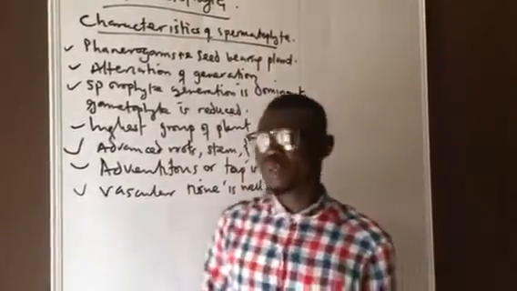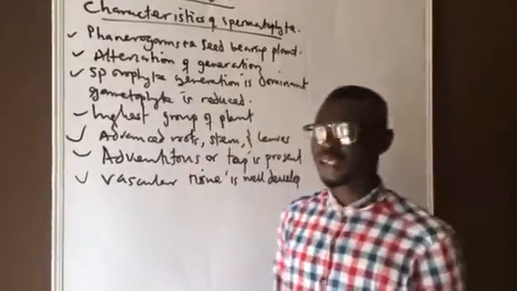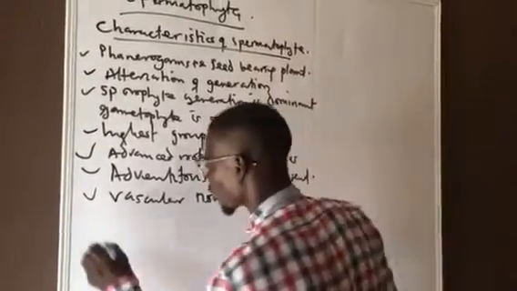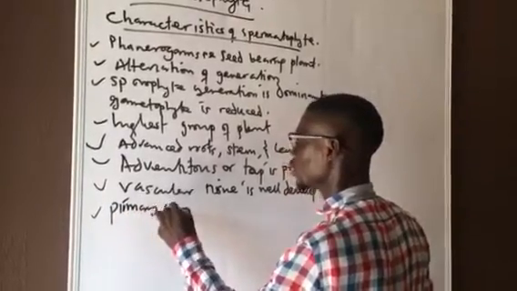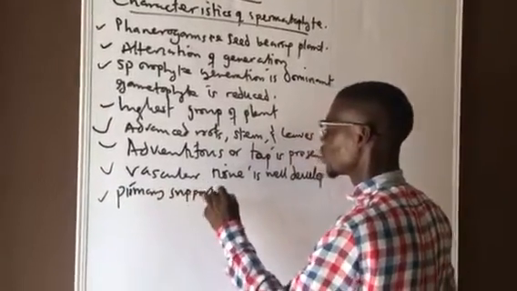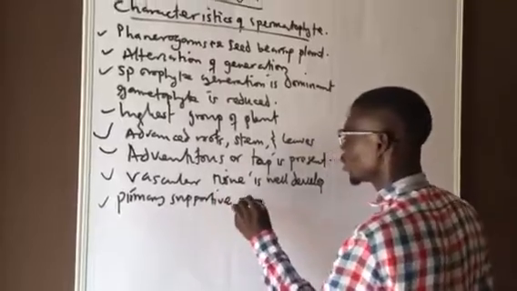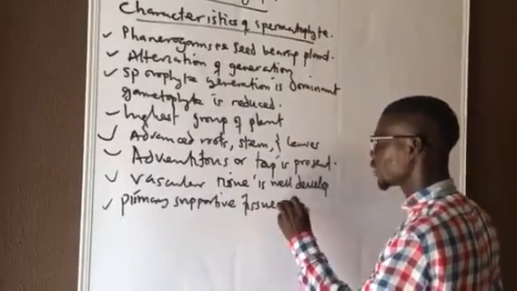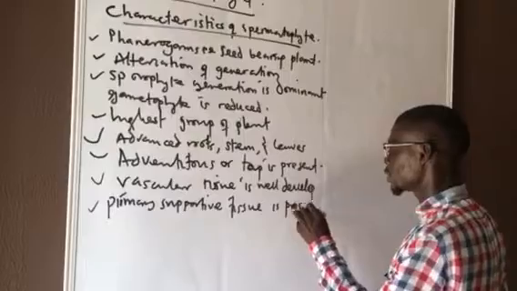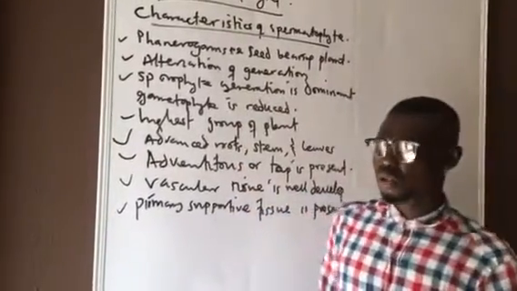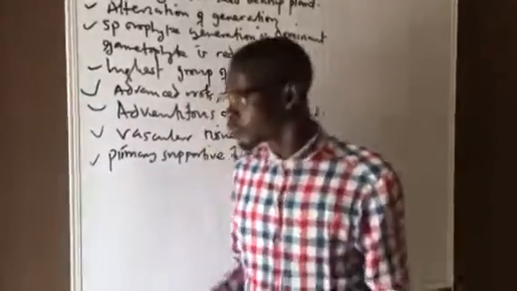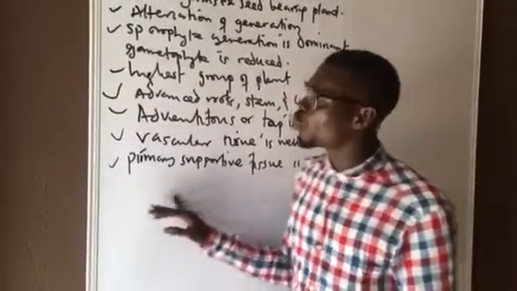The vascular tissue comprises the xylem as well as the phloem. They also have primary supportive tissue: the parenchyma, the collenchyma, and the sclerenchyma tissue.